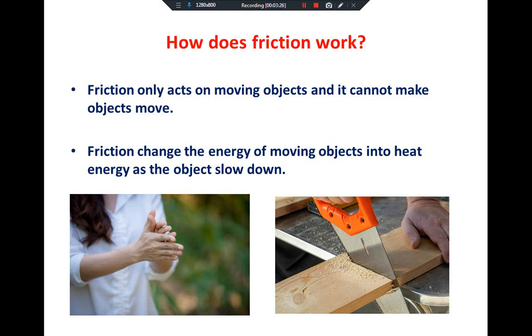Friction only acts on moving objects, and it cannot make objects move. So unlike the other forces, friction does not make objects move. What it does is only act on moving objects.